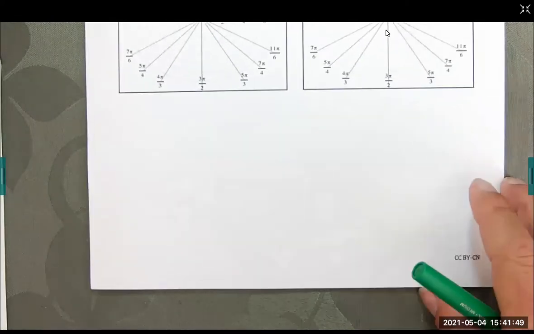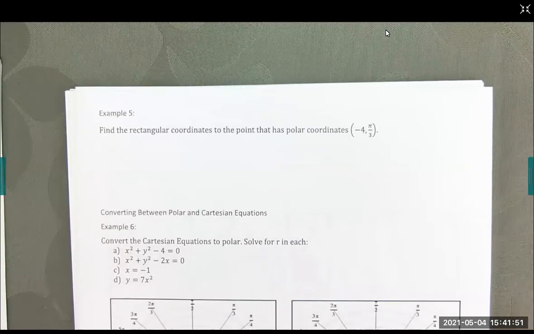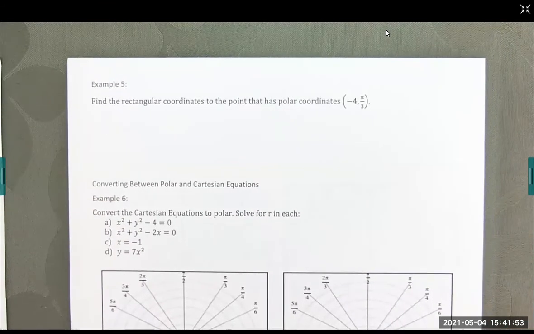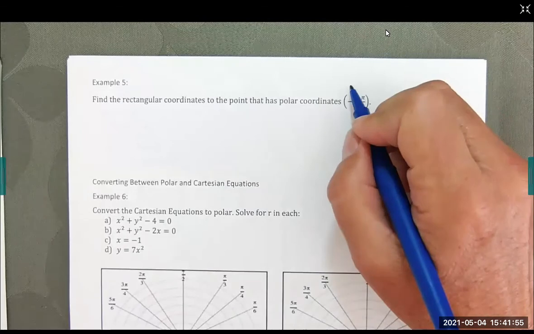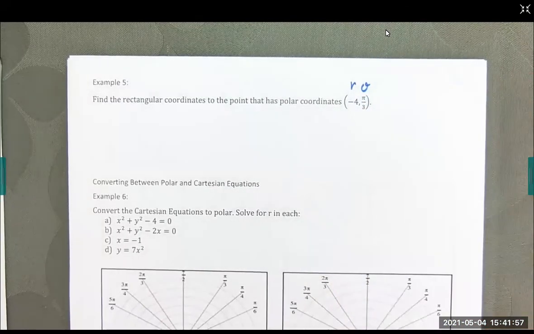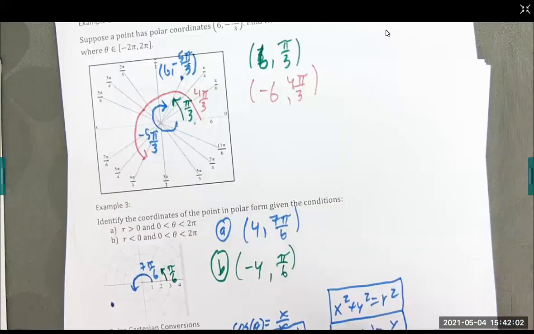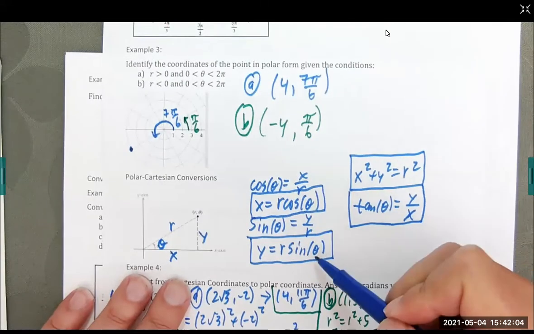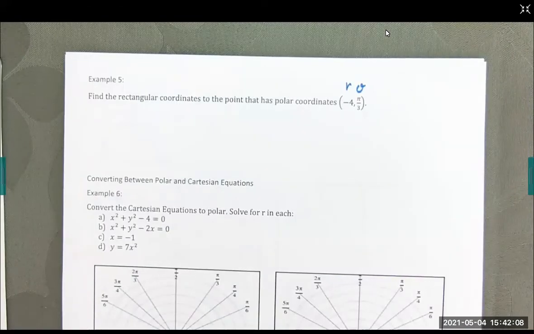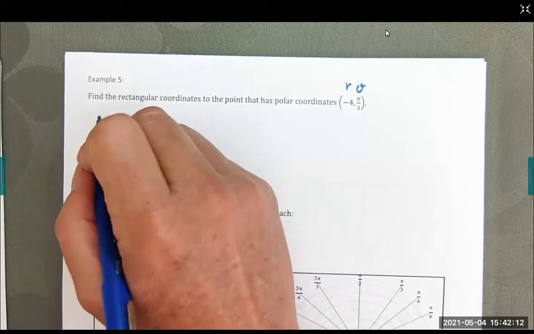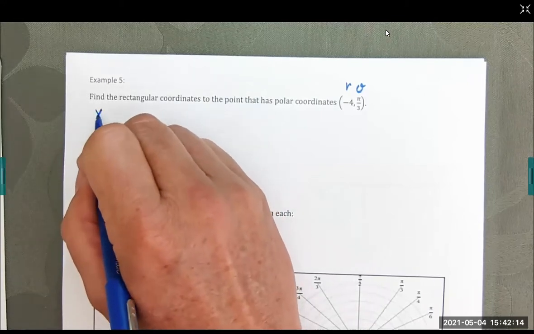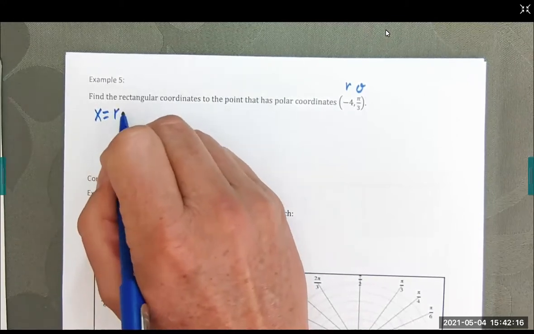Find the rectangular coordinates. So now we're going the other way. So now we have r and theta. So we're going to be using these formulas here. All right, here we go. So x equals r cosine theta.